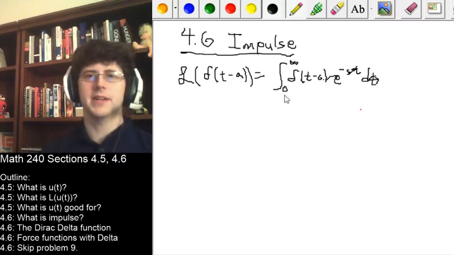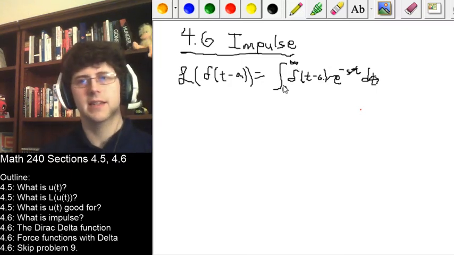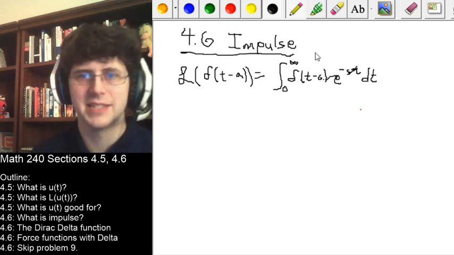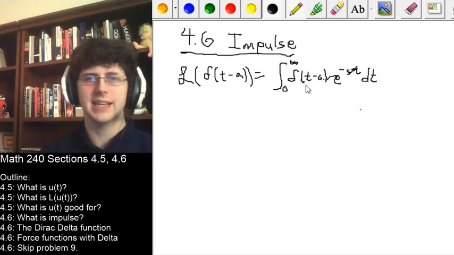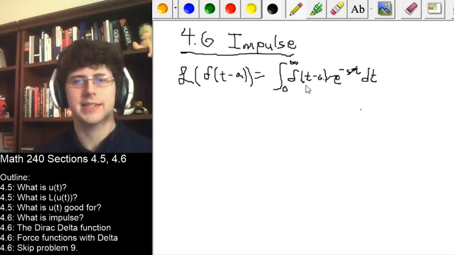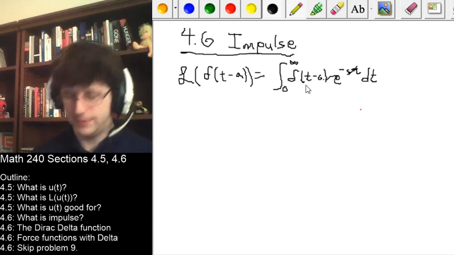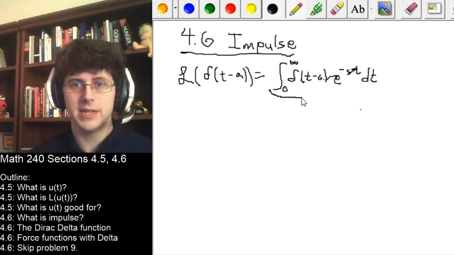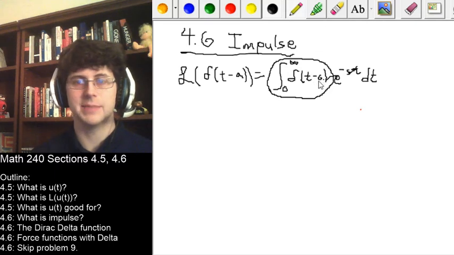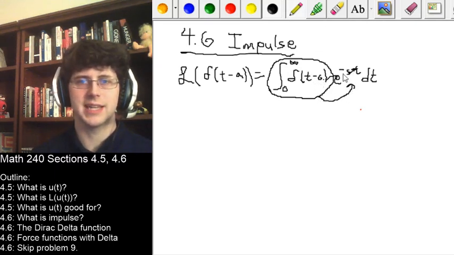Now, the thing about our integral from 0 to infinity is that this function, I have to keep saying function with air quotes in my mind, but this function delta of t minus a, it's 0 almost all the time. It's always 0, except at time t equals a. So what happens when you integrate and multiply by a delta function at time t equals a is you just get to plug t equals a into the function.